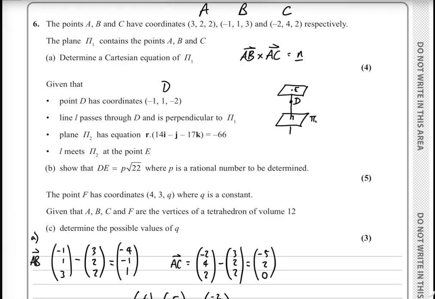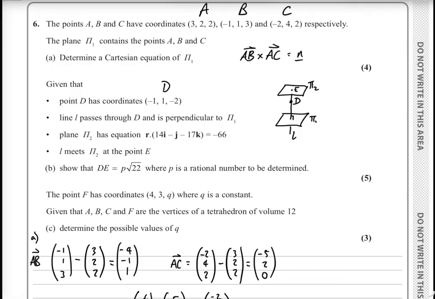So I'm going to approach this in stages. Working backwards, what I want to find the distance DE is to know the coordinates of D and E. I know the coordinates of D already, I don't know the coordinates of E. To know the coordinates of point E, I want to know where does the line L meet plane pi 2.